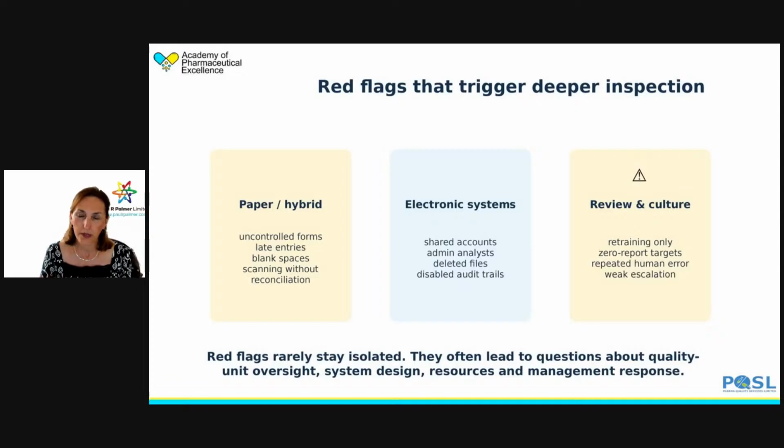And paper records need preventive and detective controls, just as electronic records do. So controlled issuance, page numbering, and reconciliation will provide the adequate or equivalent traceability that is needed.